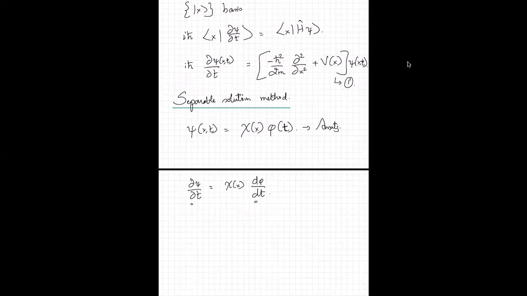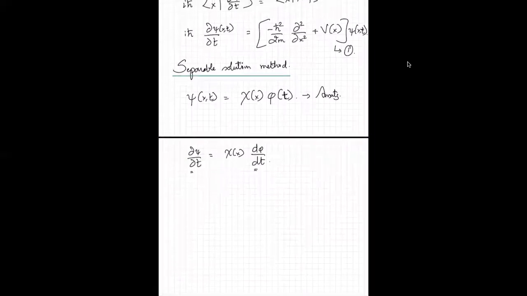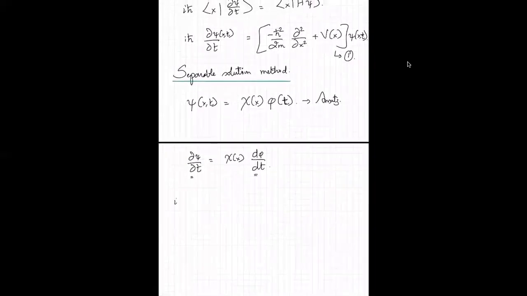So substituting this ansatz into the first equation gives me i h bar, and the left-hand side is only a derivative in time, so I'll pull out the chi and write the left-hand side as chi times d phi/dt. The right-hand side has a spatial derivative. The spatial derivative only hits the chi.